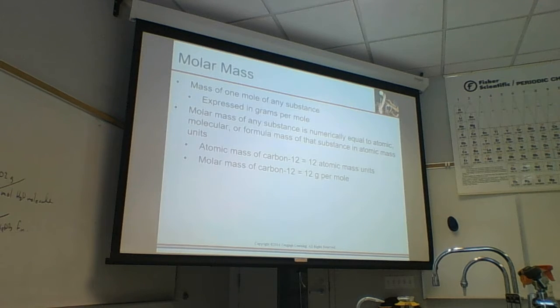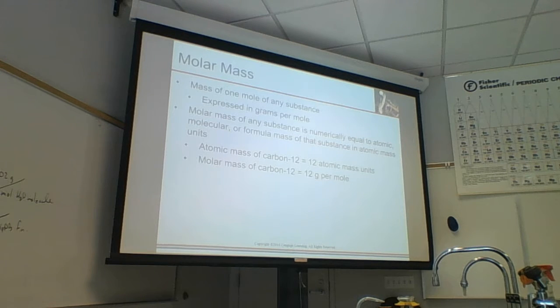What do we call this mass? This mass is called the atomic mass, but sometimes it's confused because do we mean the average atomic mass or just the atomic mass? Just the atomic. This is not an average because we're only looking at one isotope.